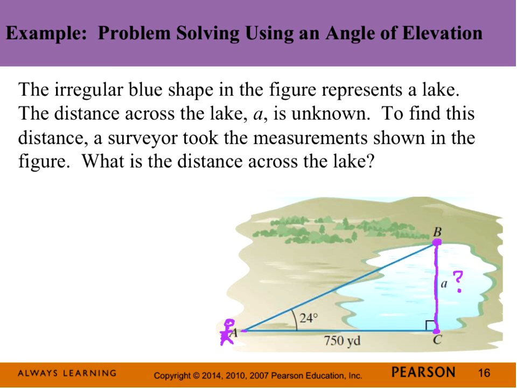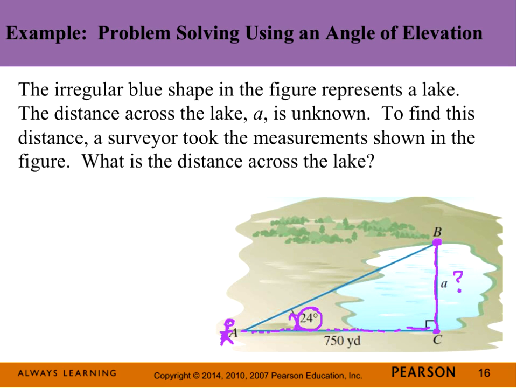So we have the horizontal line here, and if we can figure out that angle of elevation, which we know is 24 degrees, we can figure out the distance across the lake here.